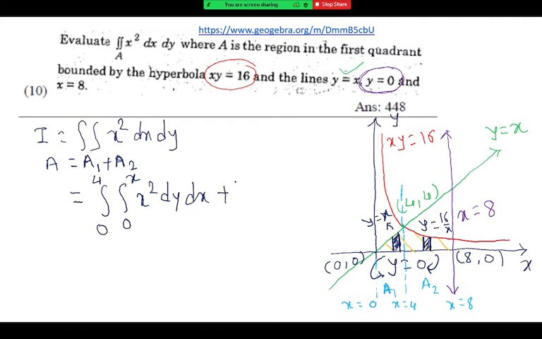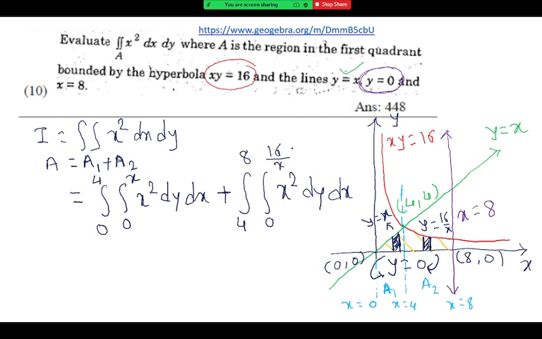Plus, now the double integral on region 2 with the same order dy dx. Now you can tell me these limits. Outer is 4 to 8, and inner is 0 to 16 upon x.